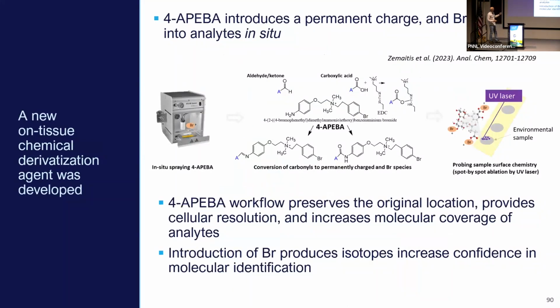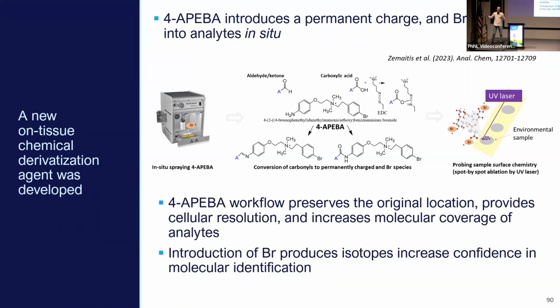So basically what we developed here at EMSL is an on-tissue chemical derivatization agent and a workflow where you spray the derivatization agent on top of your environmental sample, and that agent is covalently attached to molecules. In this case, this was designed to target mostly carbonyls, so aldehydes, ketones, carboxylic acids, and basically we put that tag there.